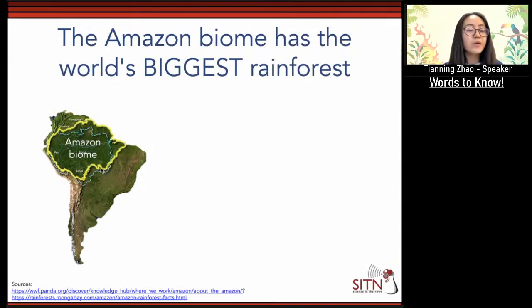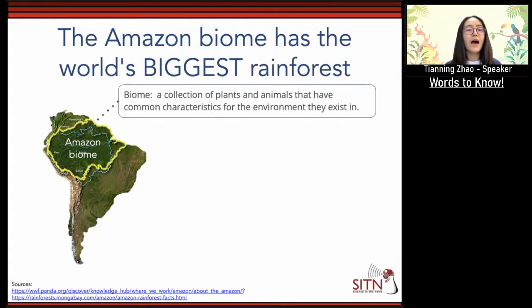It is the area which is outlined by the yellow here in South America. And for people who are not familiar with the ecosystem, biome is simply a collection of plants and animals that have common characteristics for the environment they exist in. And we already know the common characteristics, which is extremely hot and extremely wet.